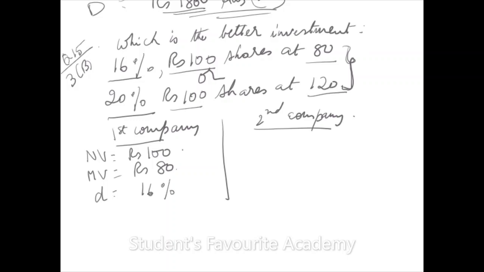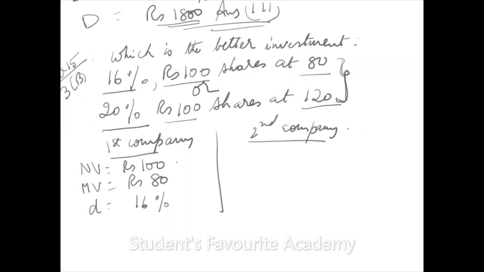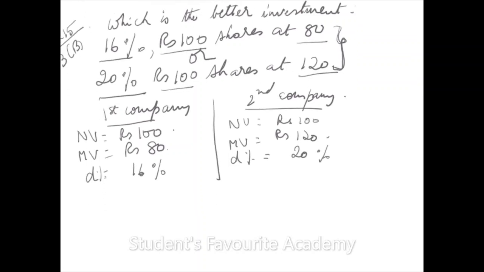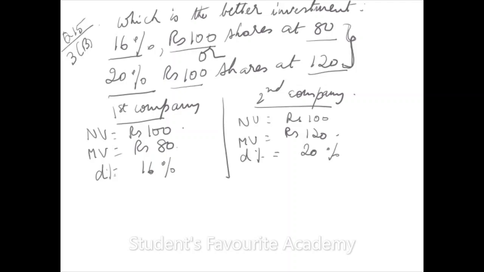Now, here in the second company, it is nominal value rupees 100 and market value rupees 120. D percent, that is dividend percent, is 20%. So there are two ways. One is find out the return percent in each case. So it will be clear to you which is a better one.